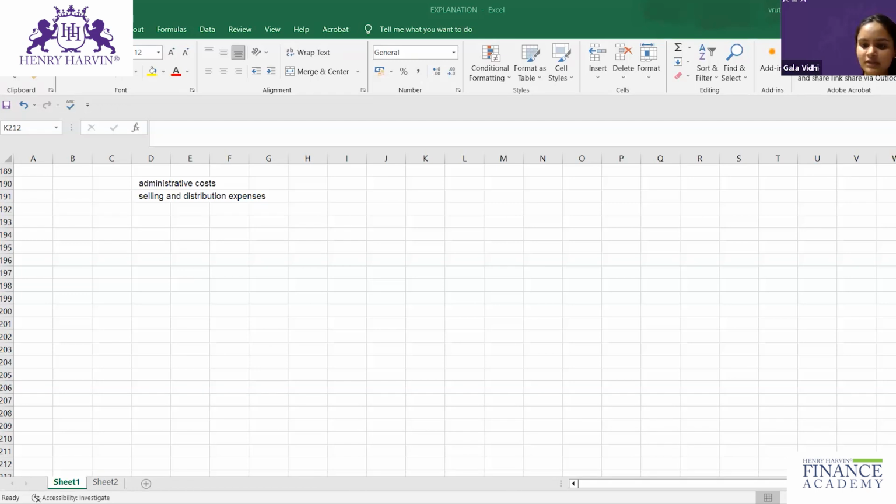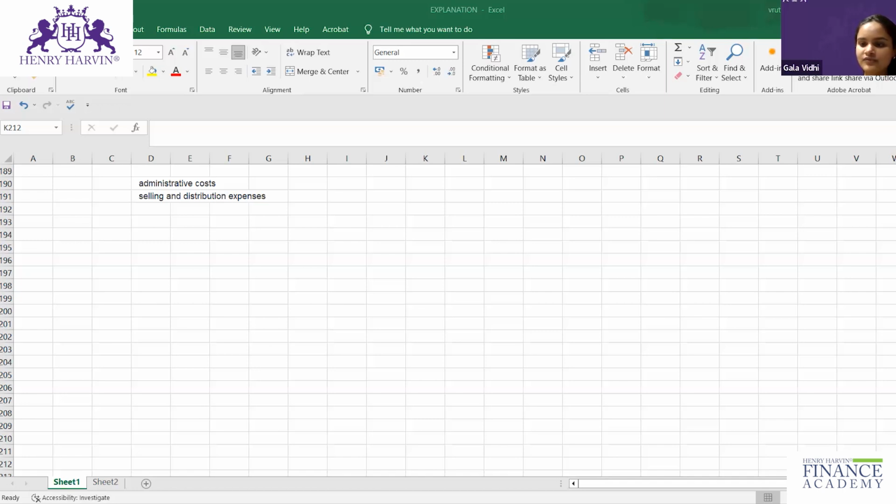So let's first learn about your administrative cost. These costs are basically all the costs involved in running the general administration, as the name suggests. So all the costs involved in the general administration department of the organization are known as the administrative cost.